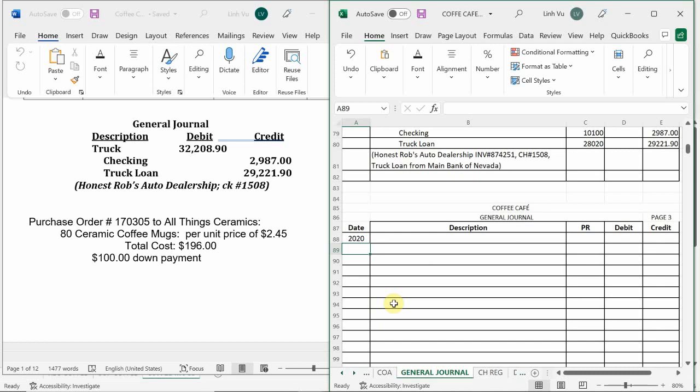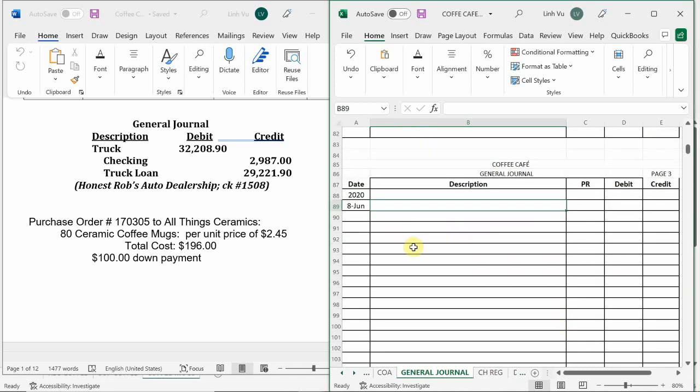Now they require a $100 down payment. Okay, and let's say I used a check because obviously I don't have cash on me. So how do I make a prepayment or make a down payment to a vendor for $100?